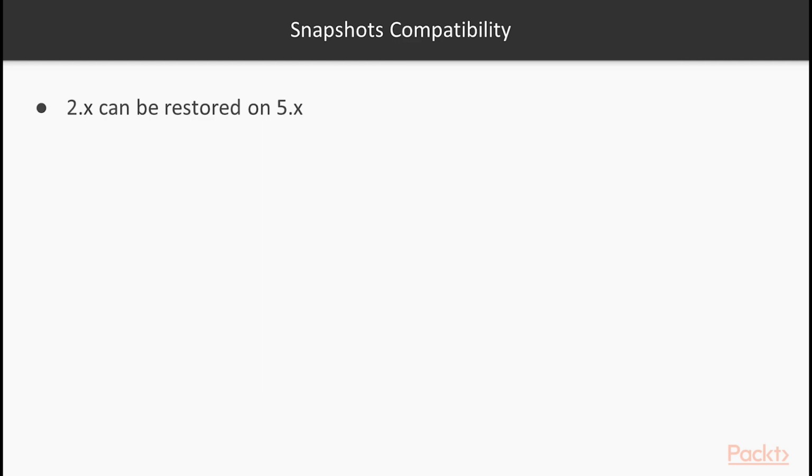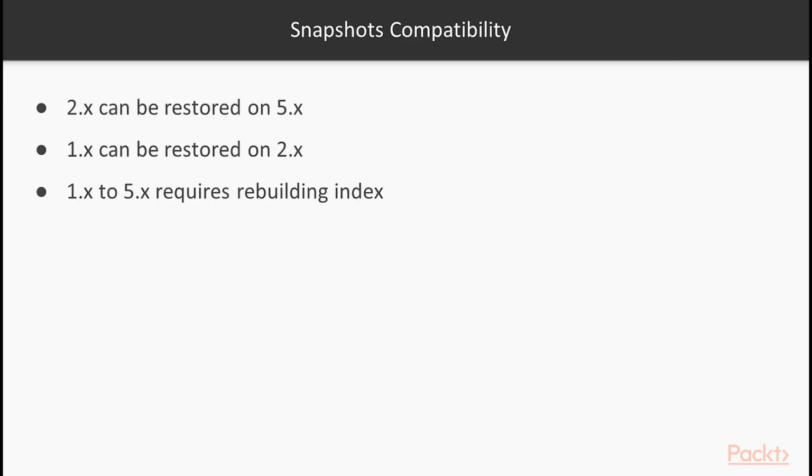So version 2 can be restored on version 5, and version 1 can be restored on version 2. Needless to say, if you're running version 1 of Elasticsearch, you cannot restore your snapshots on version 5. What you would have to do in effect is restore them on version 2 and move up, or you'd have to basically rebuild the index.